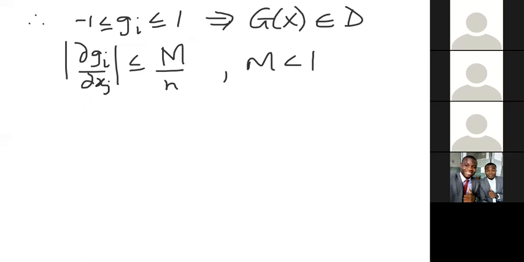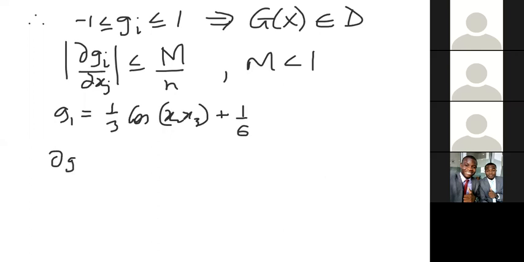So remember I have g1 given by 1/3 cos(x2 x3) plus 1/6. I just need to find the partial derivatives of g1 with respect to x1, x2, and x3. With respect to x1, you'll see that this will be equal to 0, right?